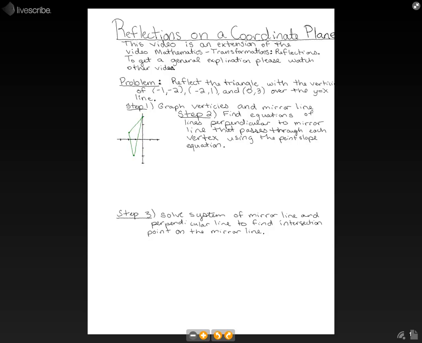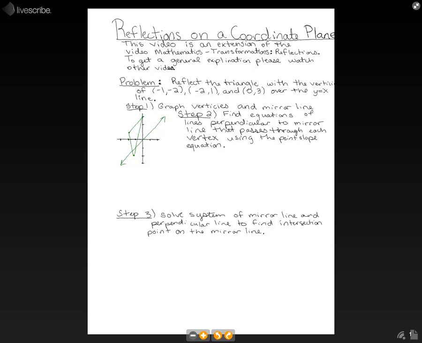And we said we're going to reflect this across the y equals x line. So that is going to go about like that. If we go in the opposite direction, we'll have it about like that. So that's what our triangle and our line is going to look like.